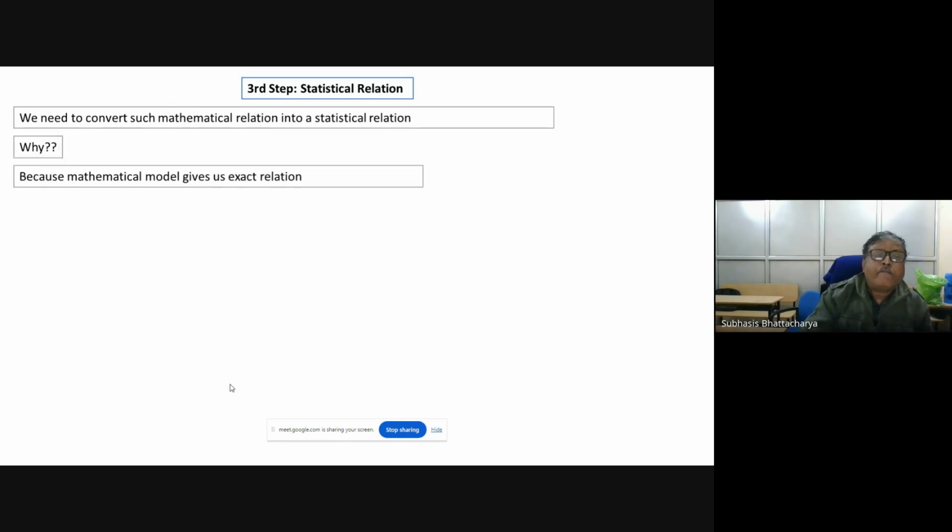So the mathematical relationship, which is appropriate within a laboratory, within a room, gives you the exact relation. But the statistical relation is the relation which is environment friendly. That means covering the environment, you get the relation.